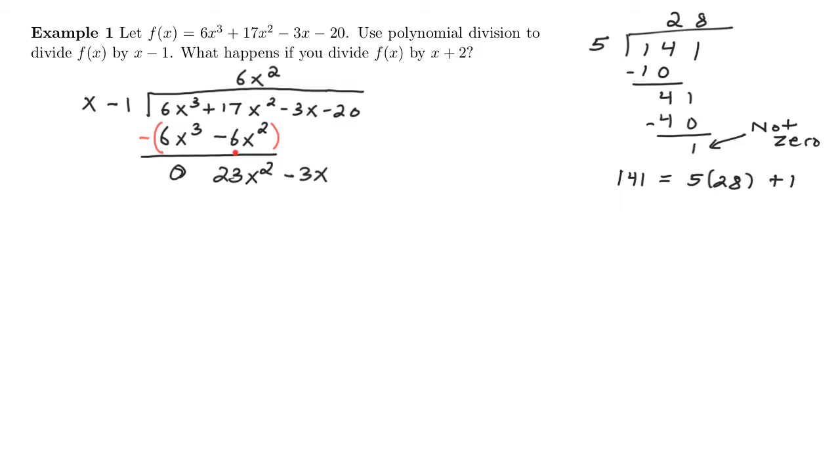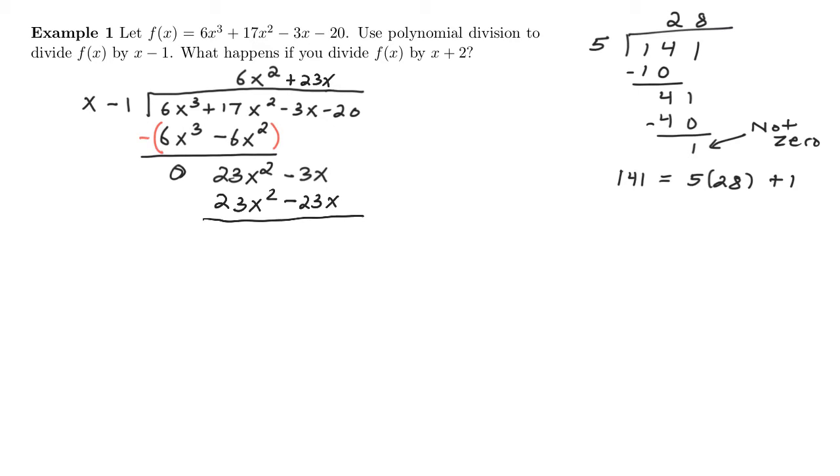Okay, so I now want to get as close to 23x squared as possible by multiplying by this x minus 1. So it'll have to be 23x, and I'll place that above the x's. Okay, so we get 23x squared minus 23x.